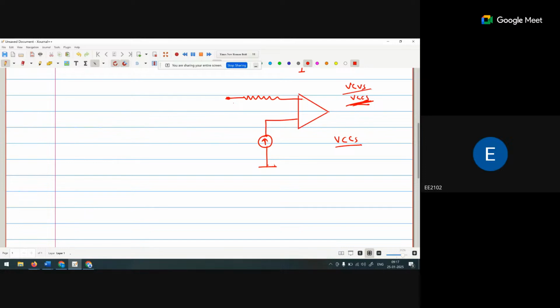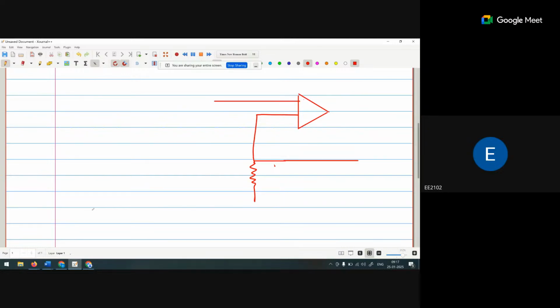I think we go with this circuit, if you remember.